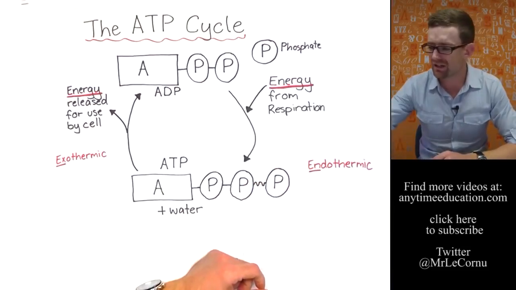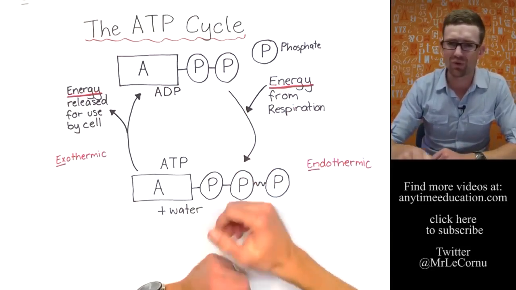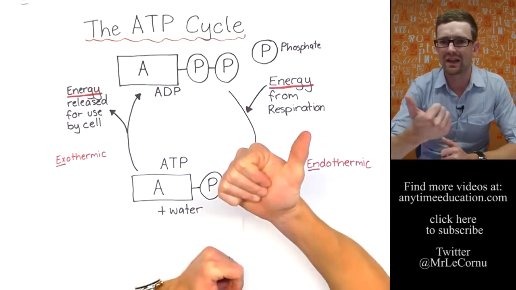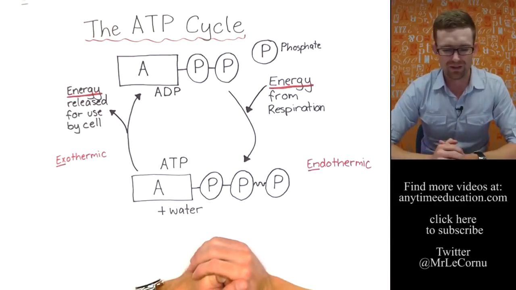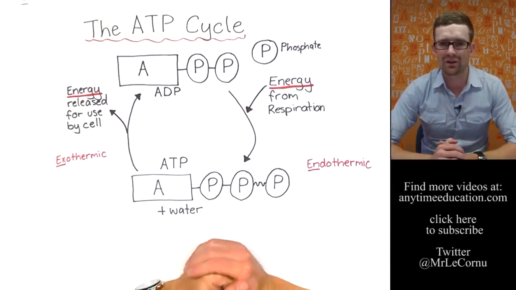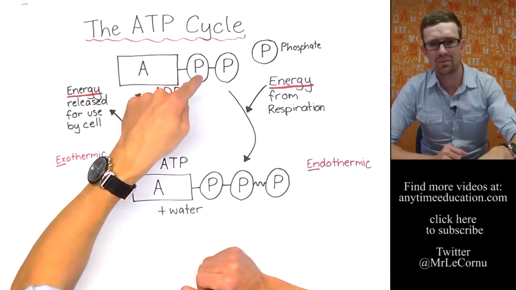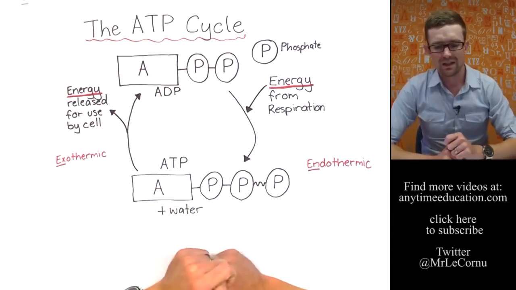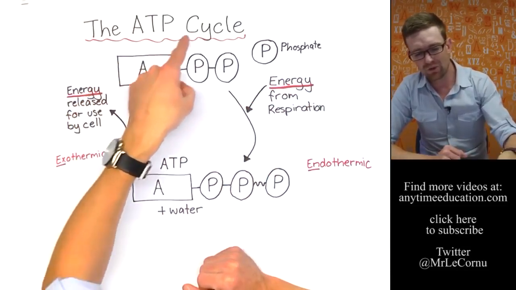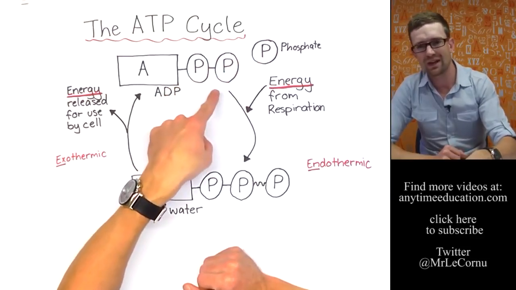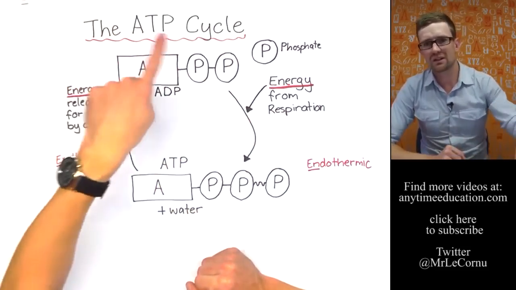And that energy that is required to attach the phosphate back on and form ATP comes from cellular respiration, aerobic respiration, or fermentation. Check those videos out if you haven't already. So that forms our ATP cycle. The exothermic process of breaking down ATP to ADP and P, and the endothermic process where energy needs to enter the reaction, which is attaching the phosphate back onto ADP and forming ATP. That cycle occurs continuously.